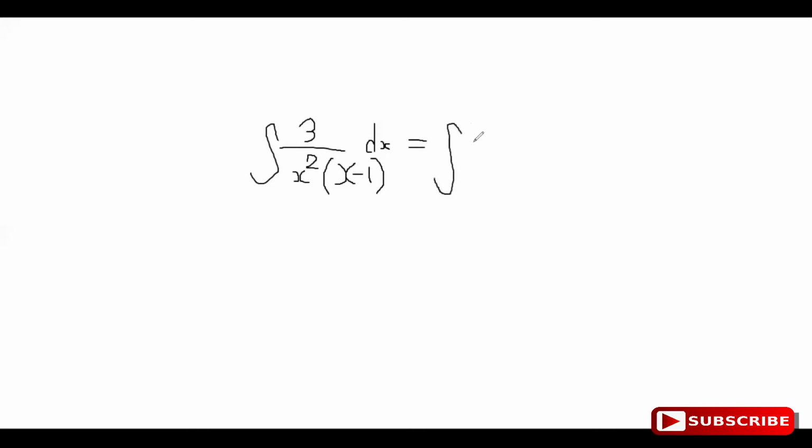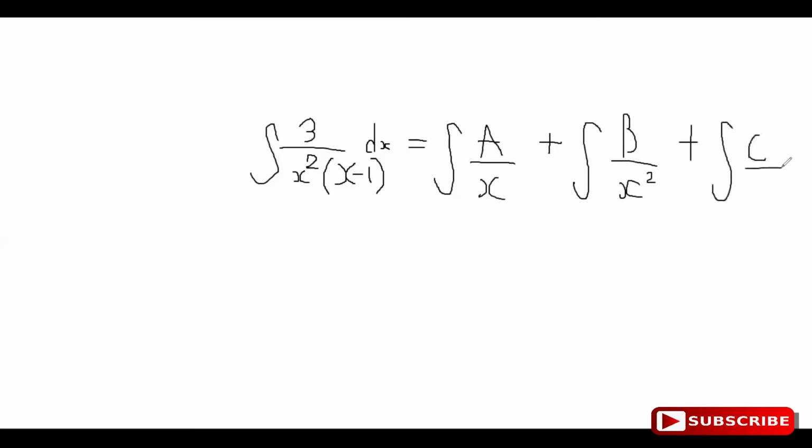So it would be the integral of a over x, the first part is linear, plus the integral of b over x squared plus the integral of c over x minus 1. That's how you'd have to integrate it, where then you'd have to find a, b, and c using partial fractions.